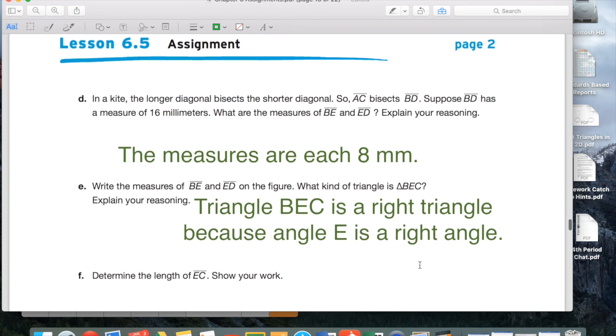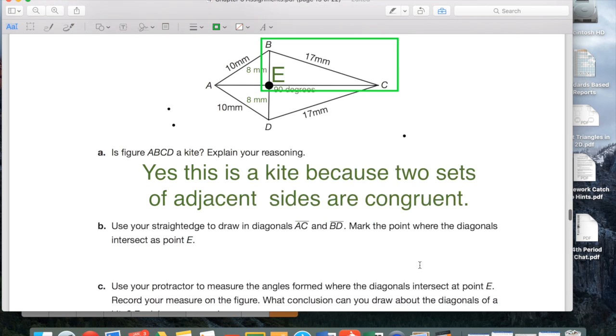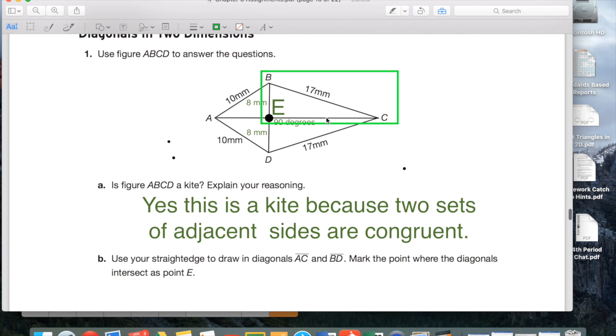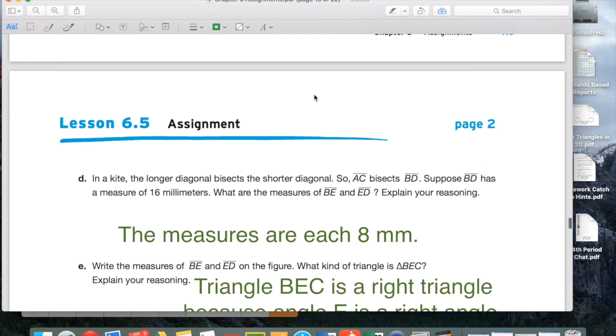Determine the length of EC. Show your work. So EC is right here, and we know we have a side length of 8 and a side length of 17.